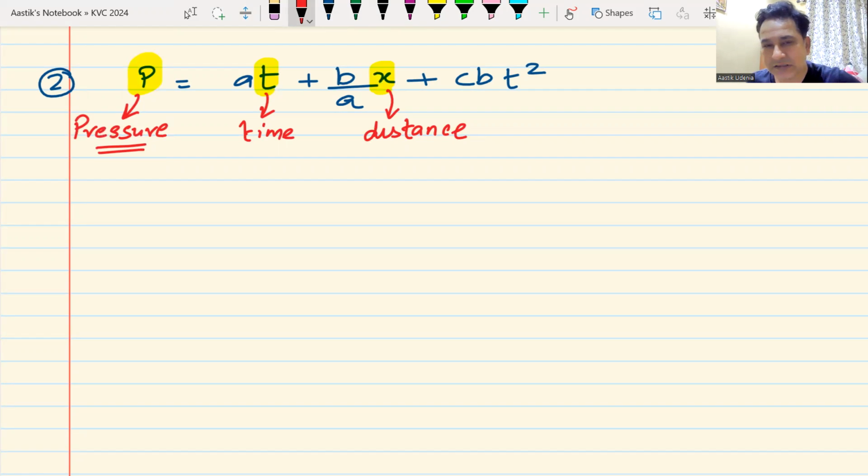Remember, I am not asking you the value of A or the value of B. You cannot find out the value of A and B. What I'm asking you is the unit, not even unit, because that question is not going to be asked. What are the dimensions of A, B, and C?